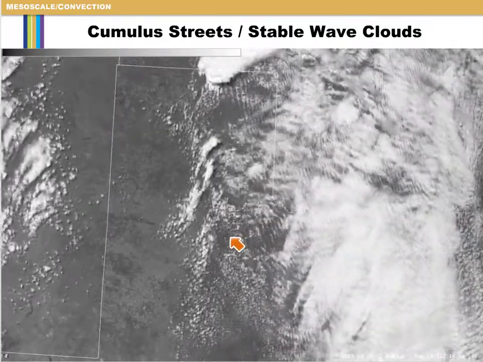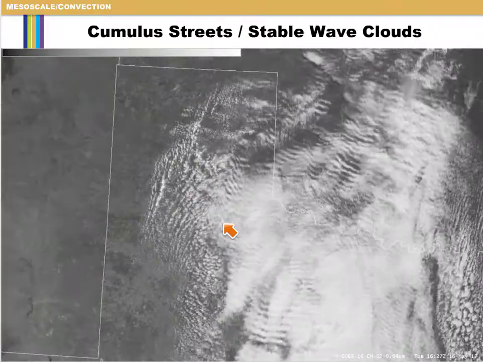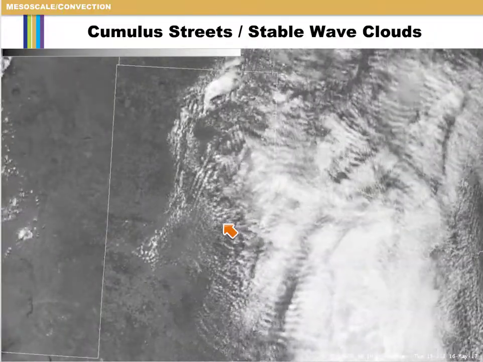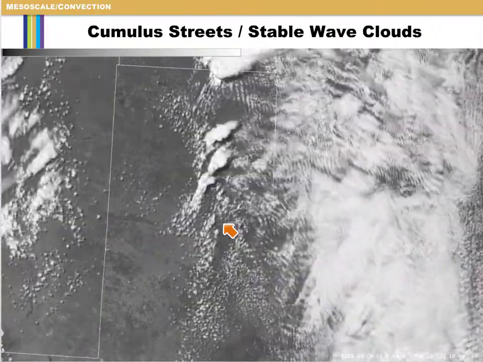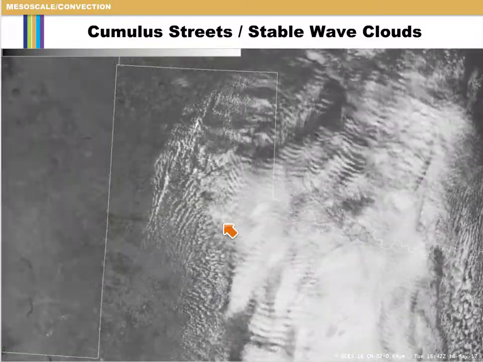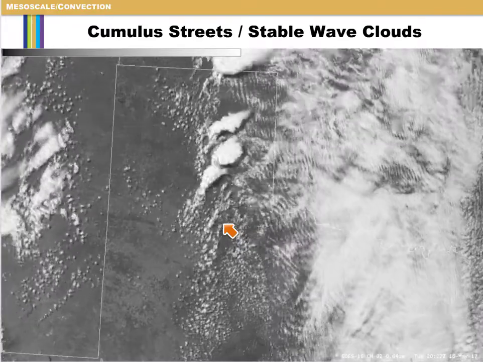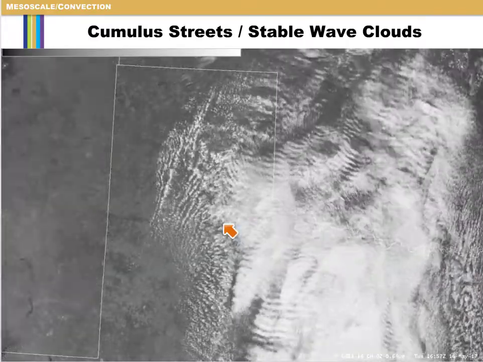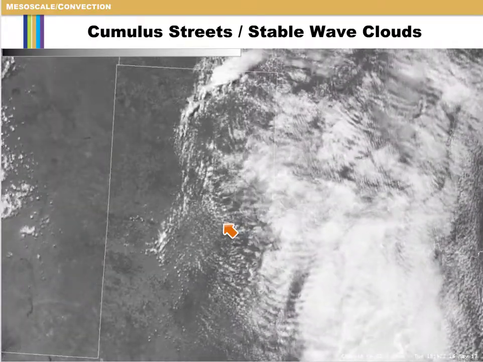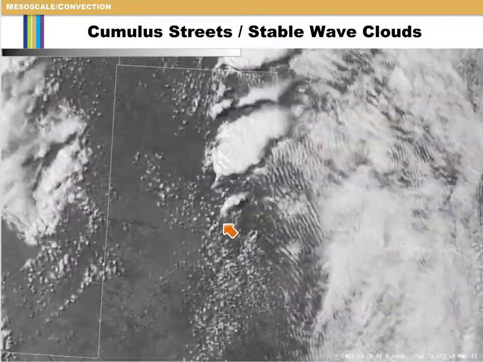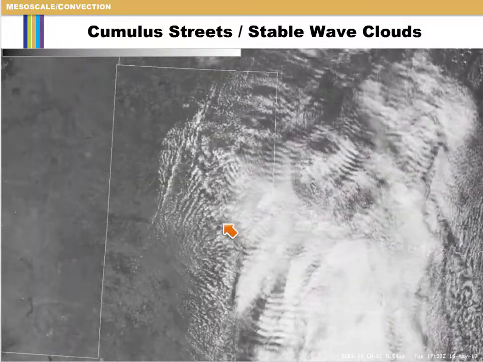As we look further to the west, in North Texas into the Texas Panhandle, we observe cumulus streets that are parallel to the low-level wind just on the moist side of the dry line. These clouds are associated with the unstable air mass, where daytime heating erodes the SIN a short distance to the moist side of the dry line.